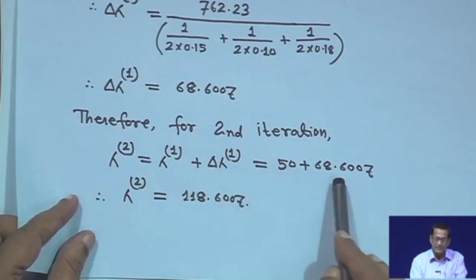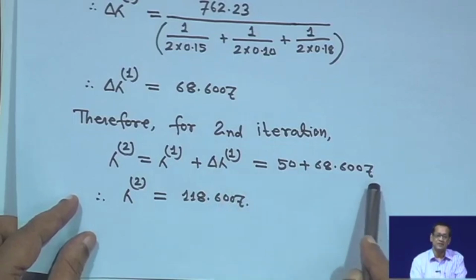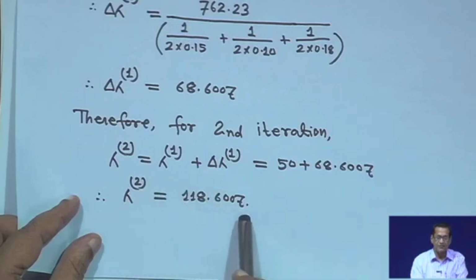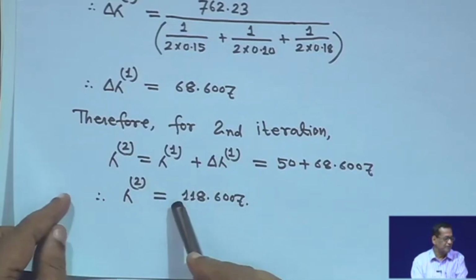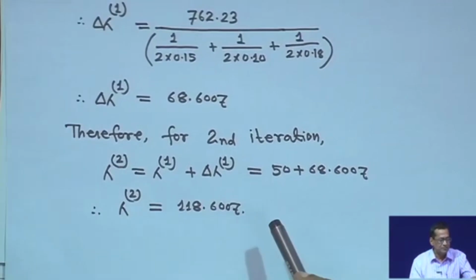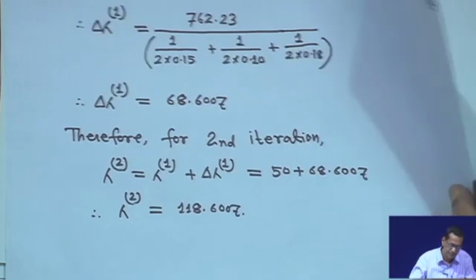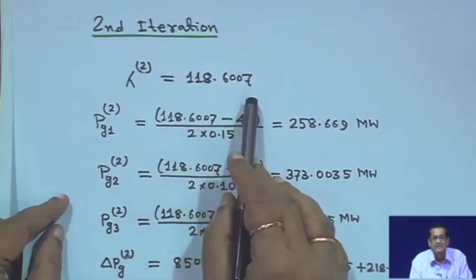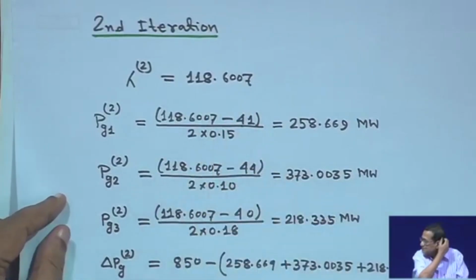So, 50 plus 68.6007, that is lambda 2 at second iteration is 118.6007. With that you calculate again Pg1, Pg2 and Pg3, right.